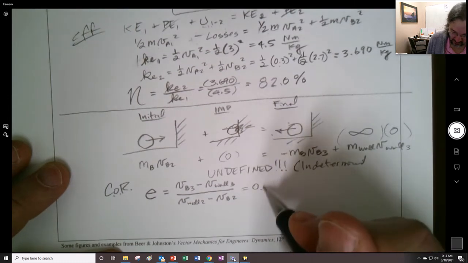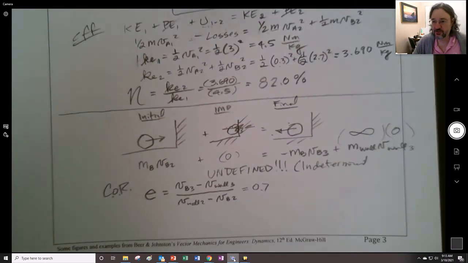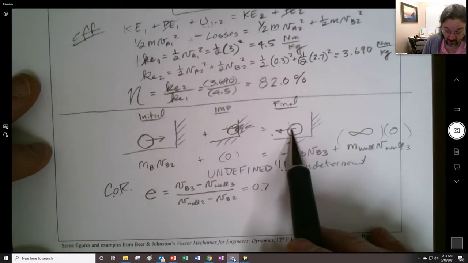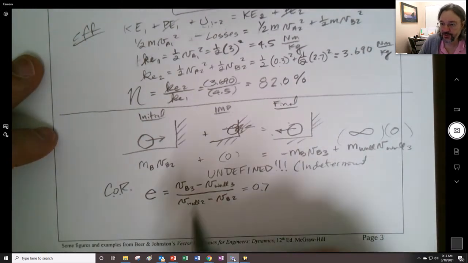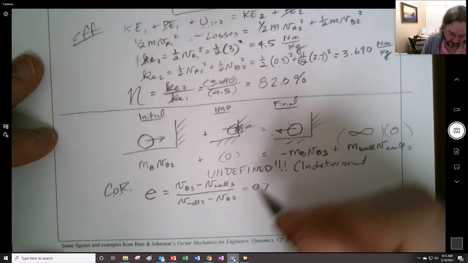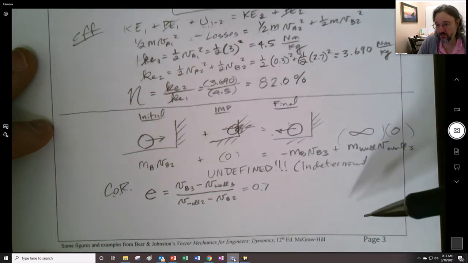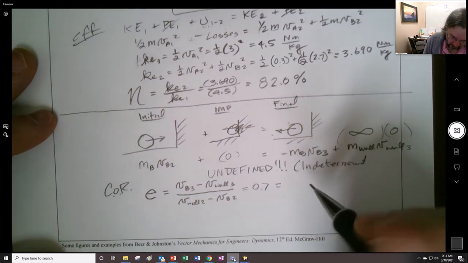And we're still going to assume that it's 0.7. Now, coefficient of restitution can vary depending on what's hitting what. It isn't necessarily only about the ball. It's also about the wall and how soft or hard the wall would be in terms of its ability to impact something. You can imagine if it was foam rubber right there, it would be different than if it was concrete, right?